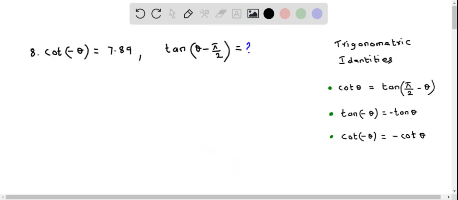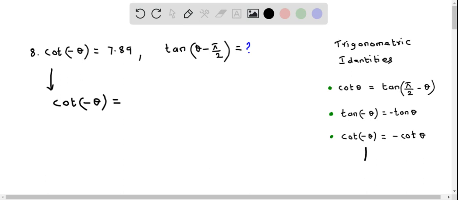Let's do question 8. Here we are given cotangent of negative theta equals 7.89, and we have to determine tangent of theta minus pi by 2. First I'm going to rewrite the given information using the trigonometric identities. Cotangent of negative theta equals 7.89.